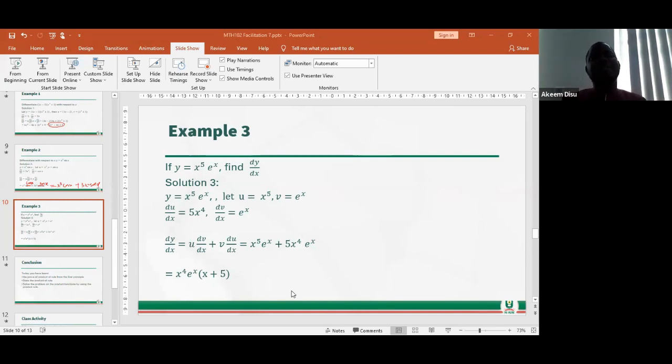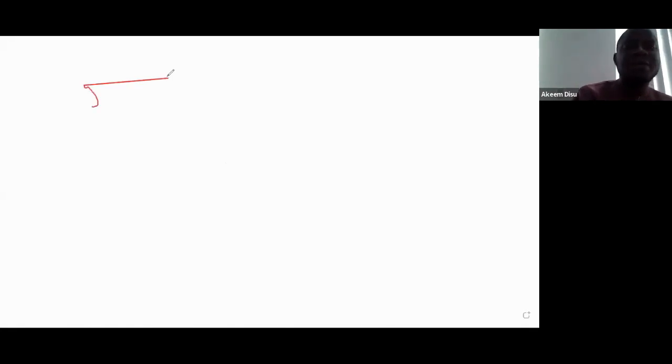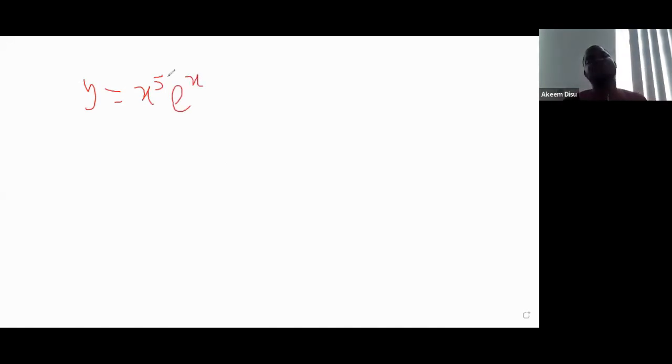Let's see how we can find dy/dx. To find dy/dx, we have y is equal to x raised to power 5 exponential x.